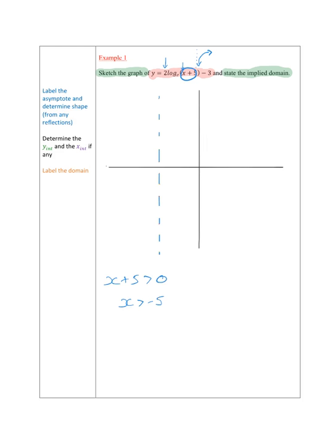Really important that we label our asymptote, so we'll say here x equals negative 5. Just like any graph, we want to determine if there would be y-intercepts or x-intercepts, and looking at the shape of this graph, as we're drawing it here, we can see there'll be both. I'm drawing arrowheads on the end to indicate that this is a continuous function.